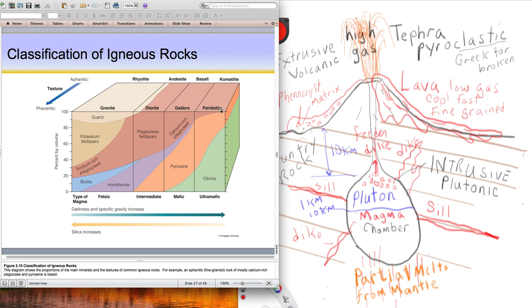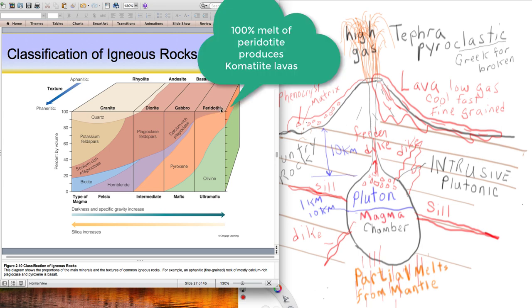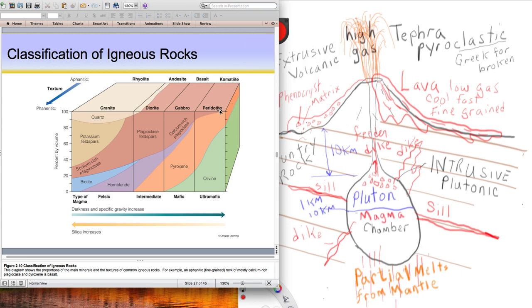So remember, peridotite is the rock of the upper mantle, and it is coarse-grained. It is a plutonic rock. But if you were to melt peridotite 100%, you'd make a lava out of that. And remember I said that melting the mantle today only gives us partial melts, anywhere from 2 to 10%. That's because Earth isn't hot enough to entirely melt peridotite.